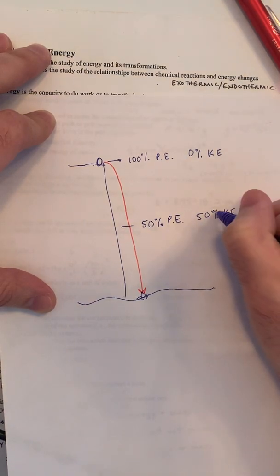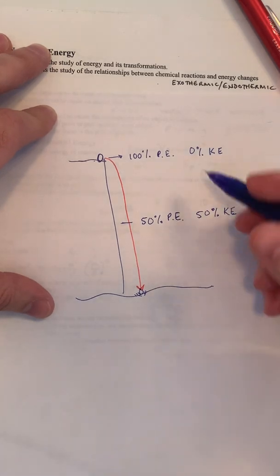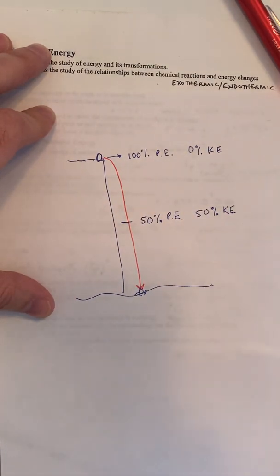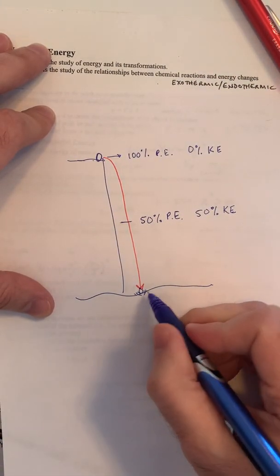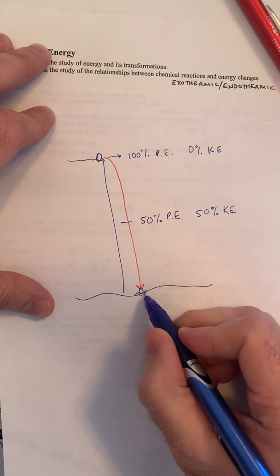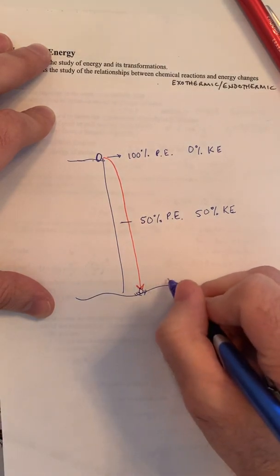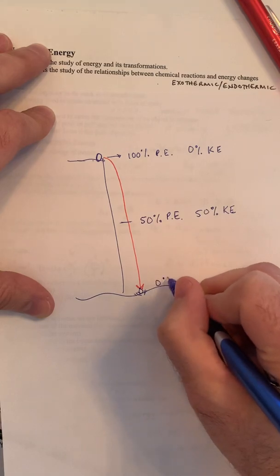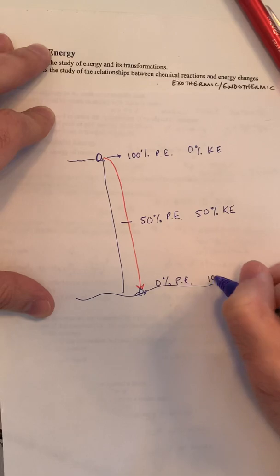Okay, now, this is just a really simplified concept of it. It's not technically 100% correct. Some of you probably already know that some of the energy is lost to other things like wind resistance, friction with the air, stuff like that. But generically, this is the very, very simplified idea. Right as it strikes the ground, it would be at 0% potential energy from the height and the gravity, and 100% kinetic.